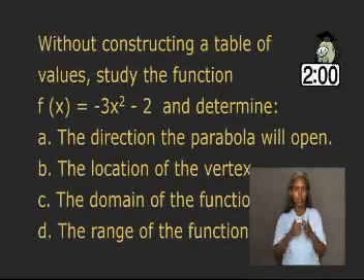Without constructing a table of values, determine the direction the parabola will open, the location of the vertex, and the domain and range of the function. Students, let's get ready. Begin.